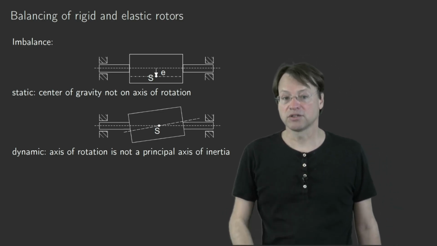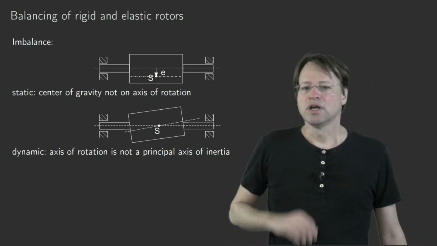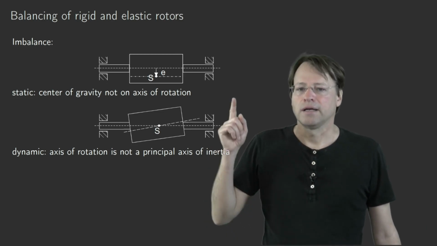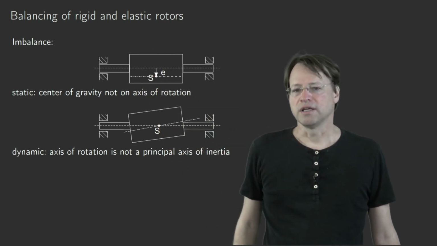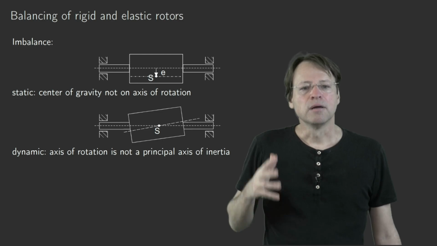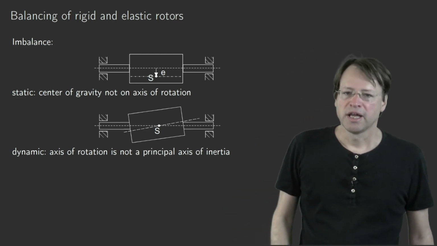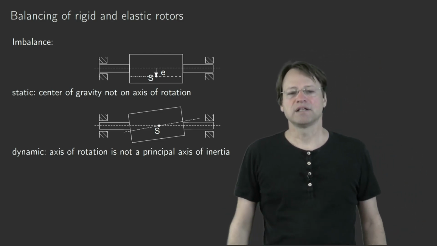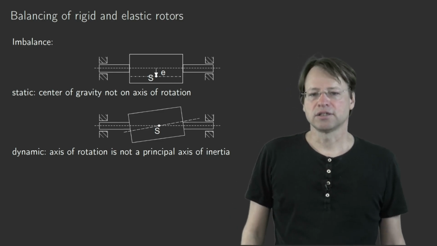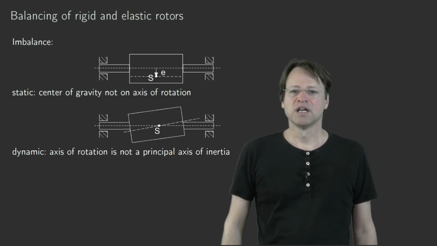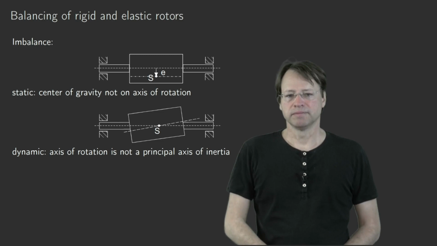This will be done in the next video. In this video, I will study with you the effect of an imbalance, and finally possible countermeasures. The technique of balancing will be studied in the second video. So there are two videos for this chapter.